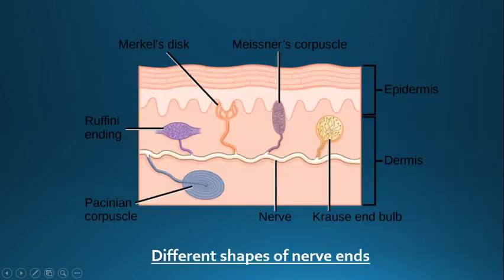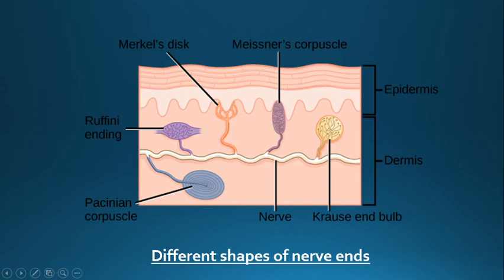Look at this. I told you there are nerve endings inside the dermis. So these nerve endings have different shapes. There are round shaped nerve endings and disc-like ones, and some of them are like a grape bunch. So different shapes. These different shapes of nerve endings detect different types of stimuli.